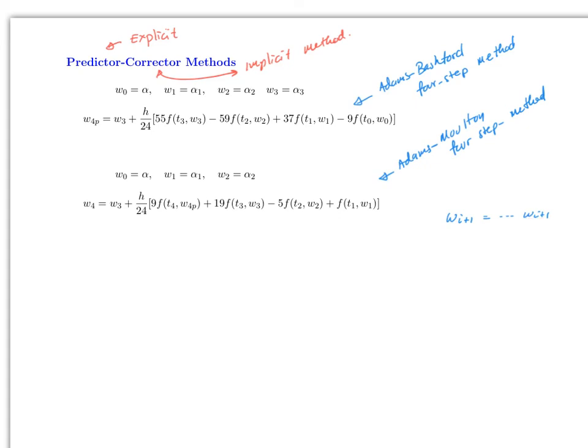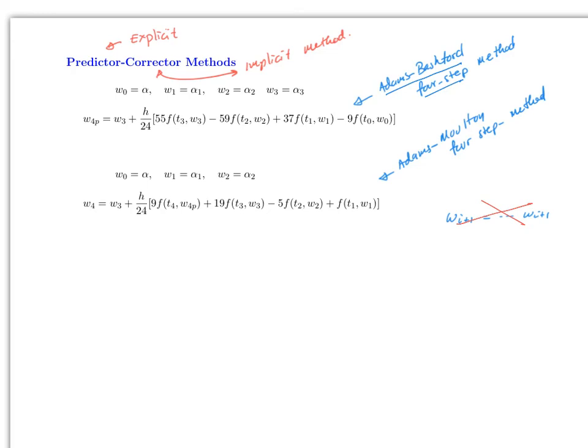So by doing this predictor-corrector technique, you don't have to worry about that anymore. The idea is very, very simple. You're going to use first an explicit method, and for the purpose of the example we're gonna do, we're gonna use the 4-step Adams-Bashforth for the explicit and the Moulton for the implicit.